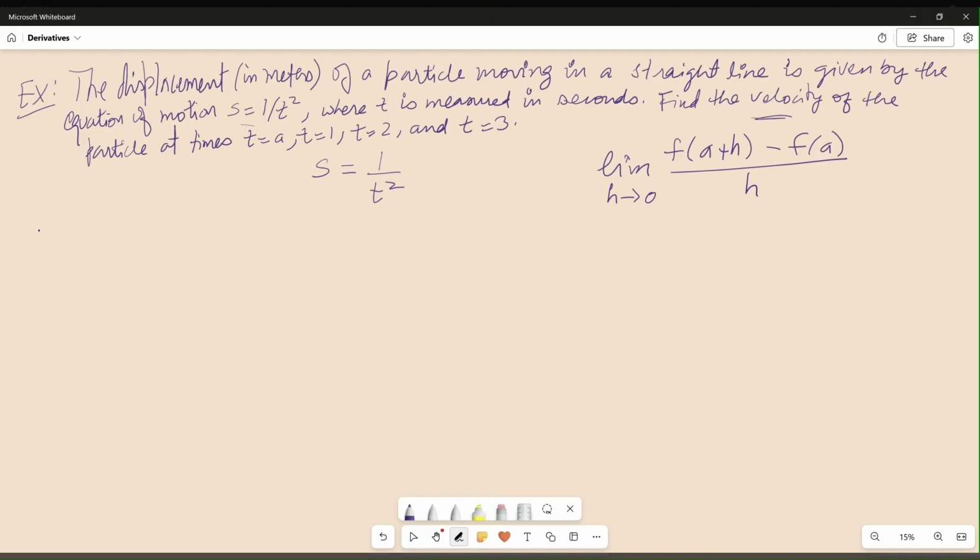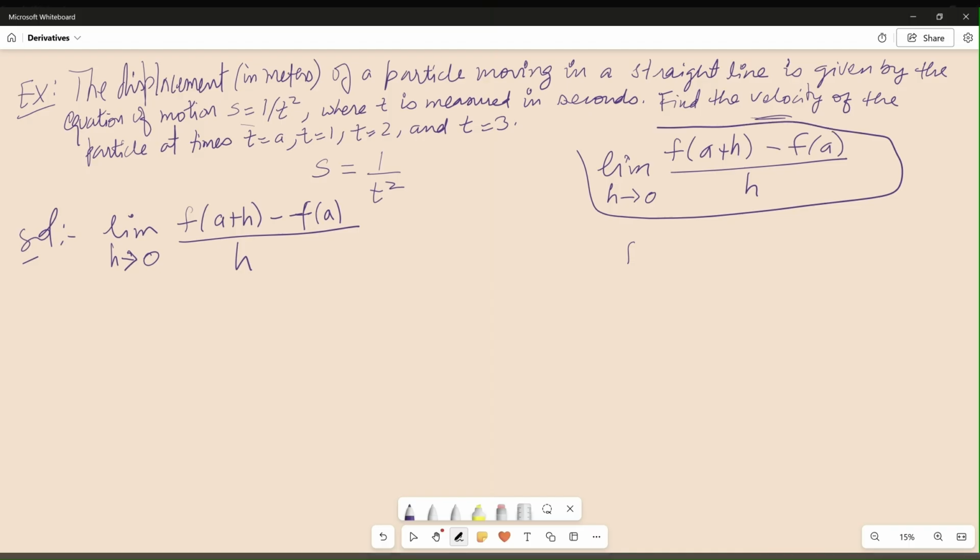Okay, so the solution for this is: let's find the velocity of this particle at time t equals a first. On the side, I'm just going to simplify my expressions right here.